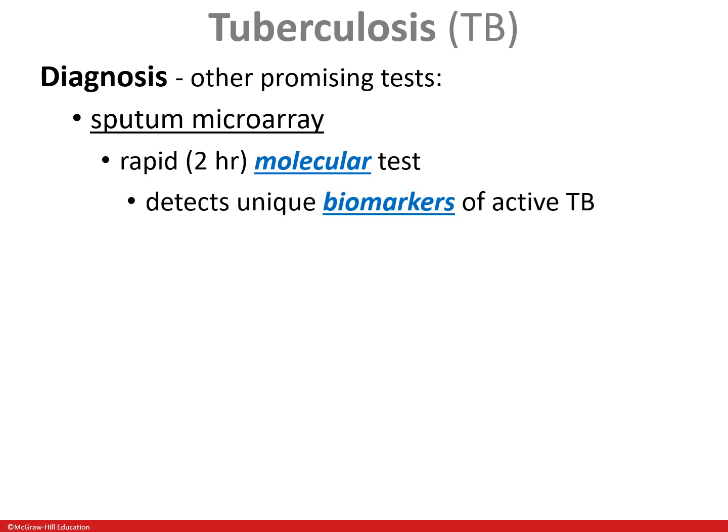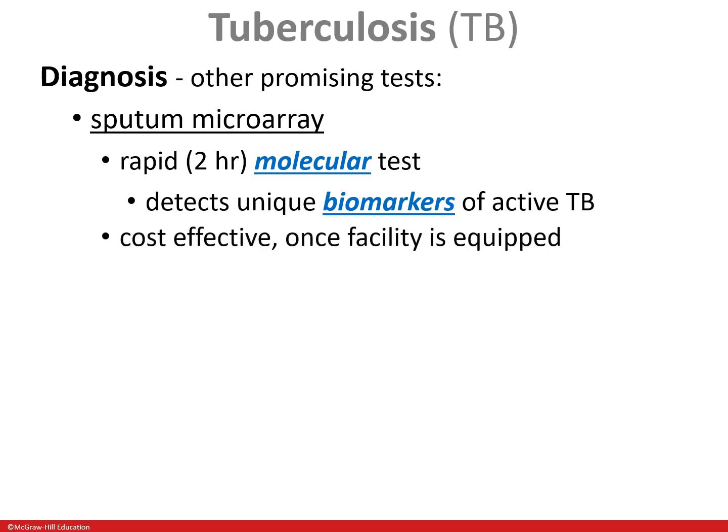Number one, it's very fast. Number two, it can actually look for more than just the presence of the bacteria. It looks for biomarkers, which are basically proteins that get secreted from the bacteria when it's in active form. So this is one good way we can detect the difference between active and latent infections.